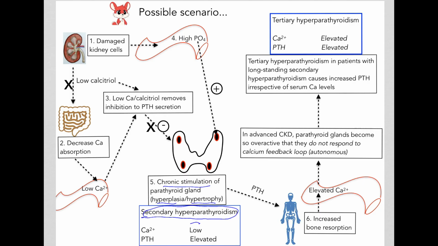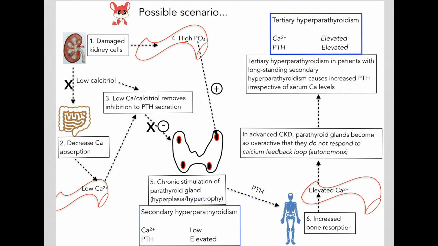In this case, you can see the calcium levels are low, but the PTH level is high. Now, the increased PTH levels is going to cause increased bone resorption, and that's going to increase the blood calcium levels. That's going to lead to hypercalcemia.